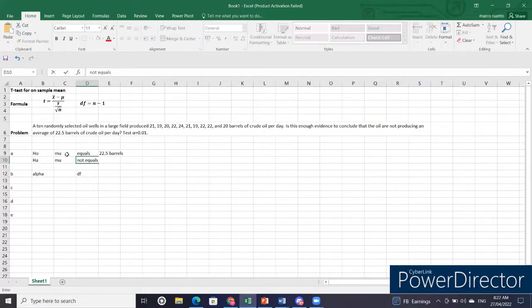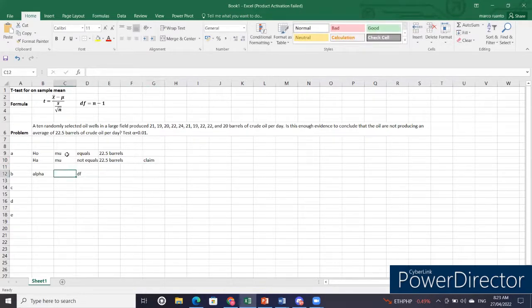We will just state it in words rather than in symbols, because it would take us time to write the symbols. Our claim here is the alternative hypothesis.